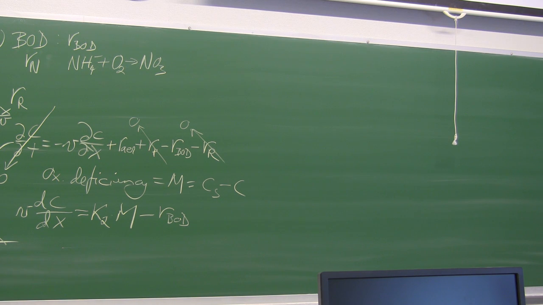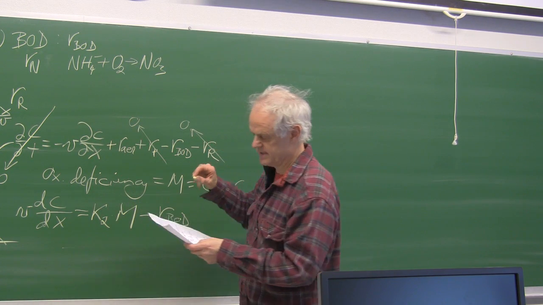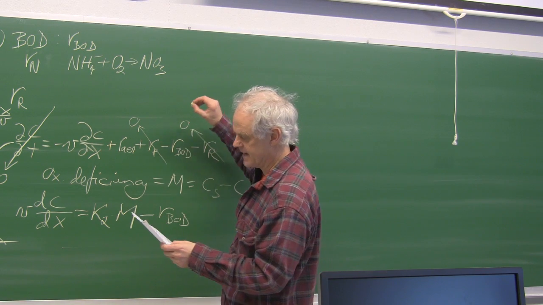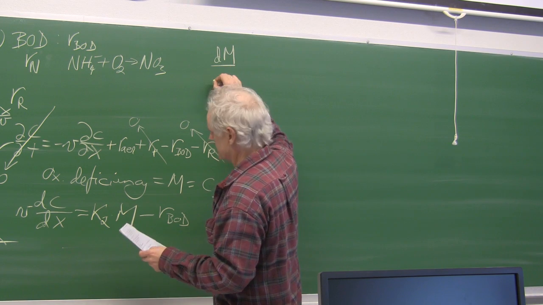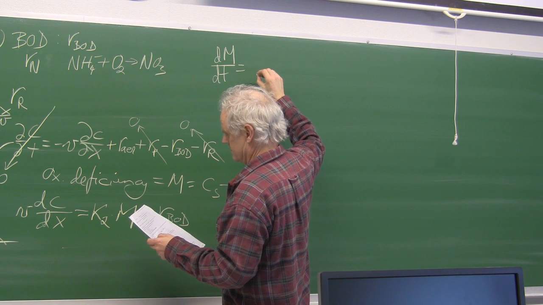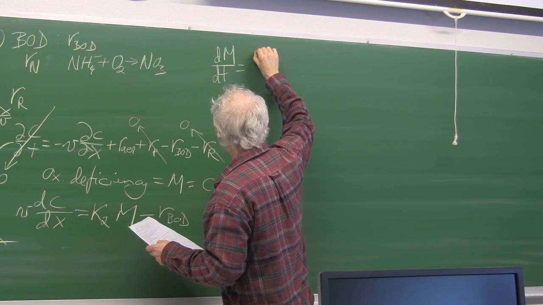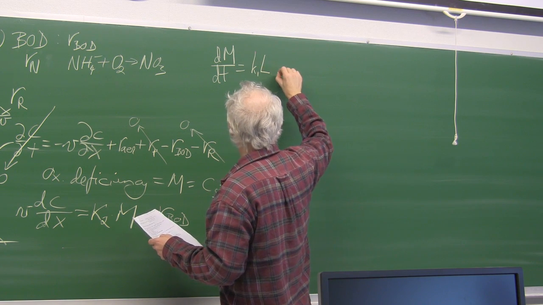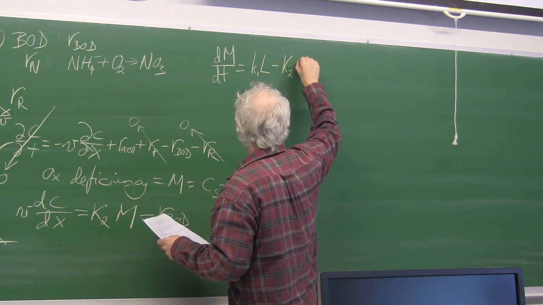So if we do that and we integrate, we end up with a pretty messy equation, but it can also be expressed in a very simple way as dm/dt is equal to K1L minus K2M.